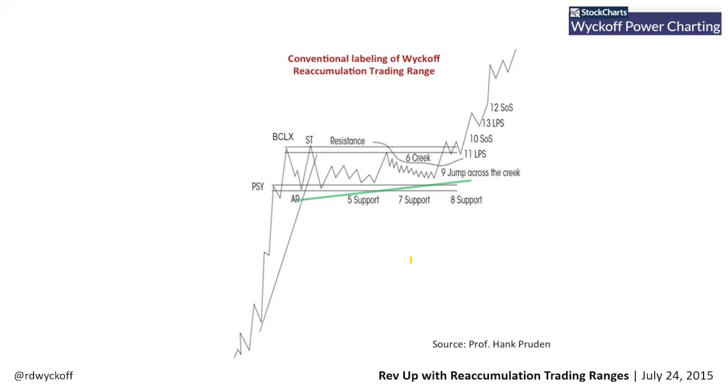And the conclusion is, and part of the reason this happens with reaccumulation is because the stock is so well held by strong hands after the accumulation is complete, that the uptrend is a period of time when the stock is strongly held, but there is some stock available because speculators and traders have come into the mix as the uptrend has gone on, and they get on the uptrend, they participate in it.